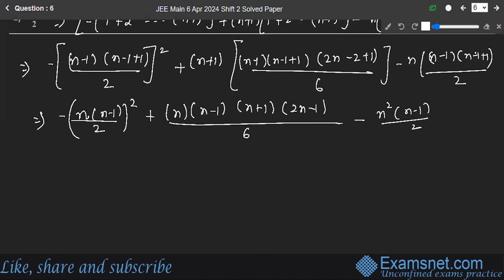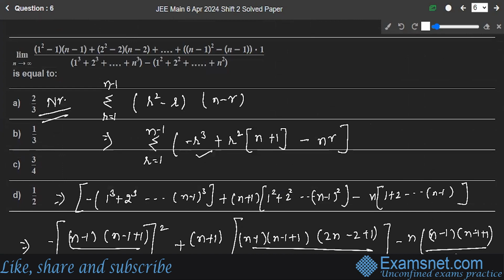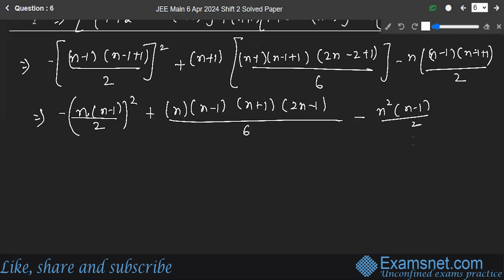Actually, we'll be taking only the greatest power of n in this case, because you have to solve for n tending to infinity. This will be minus n square by 2 whole square, better to write it like this, plus n into n into n into 2n, or 2 into n power 4 upon 6.